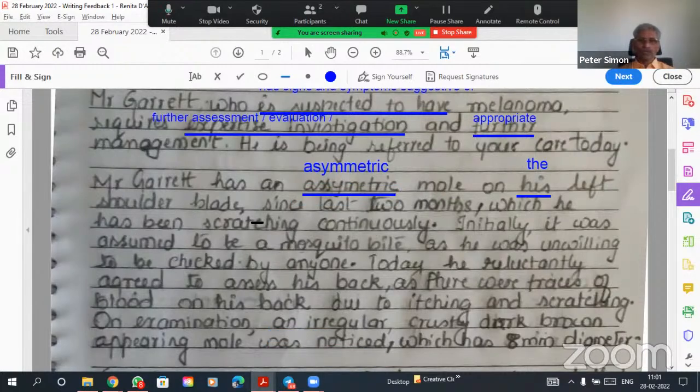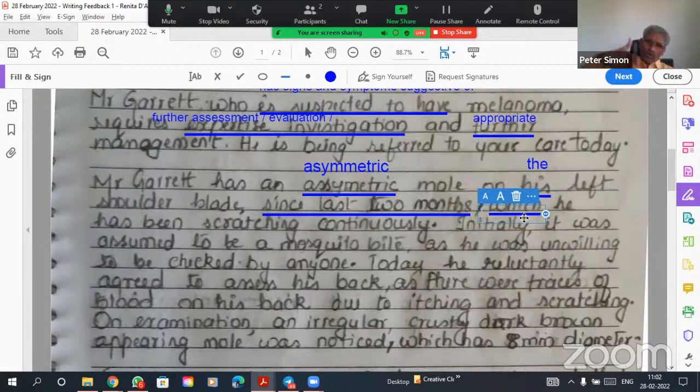So, shoulder blade. Since last 2 months. Oh my goodness. How can you say since last 2 months? And why did this which come here? Which is related to what? Which is related to mole. So mole, which has been scratching continuously, which is related to mole. Why did you move so far?